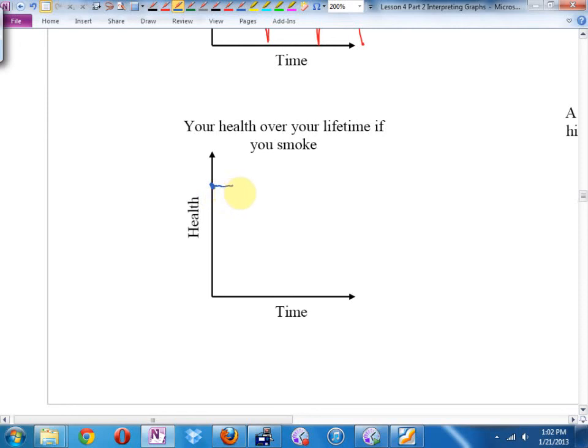Pretty good, pretty good. Start smoking cigarettes right here. What do all the studies say happens to your health? Right? Something like that.